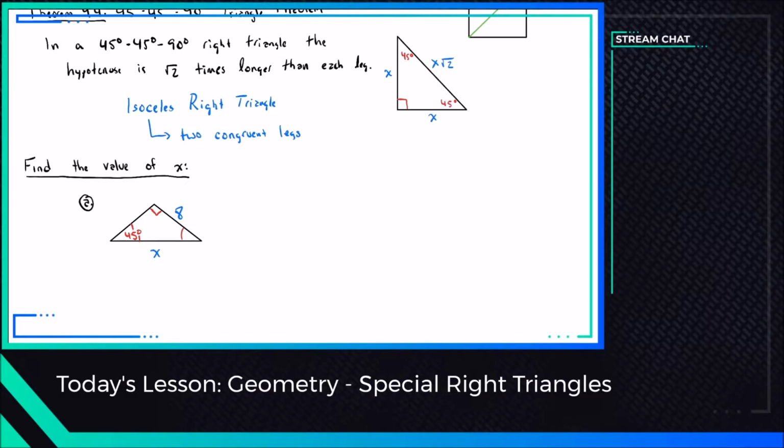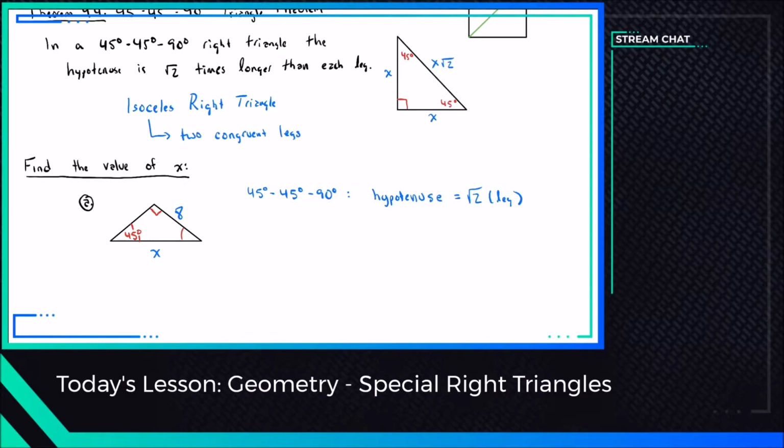And since this is a 45 degree, 45 degree, 90 right triangle, then we know that the hypotenuse, the longest side, is equal to the square root of 2 multiplied by the length of one of the legs.